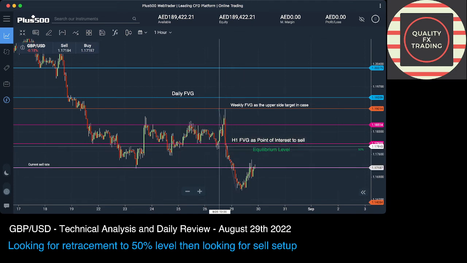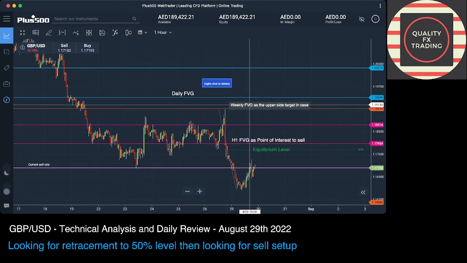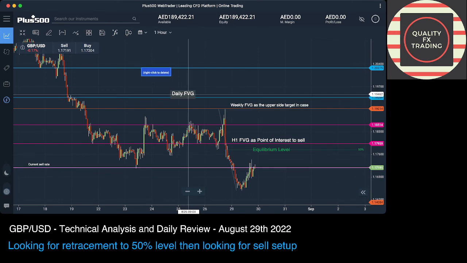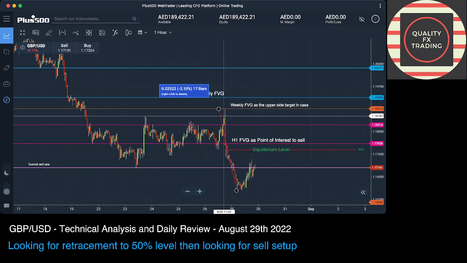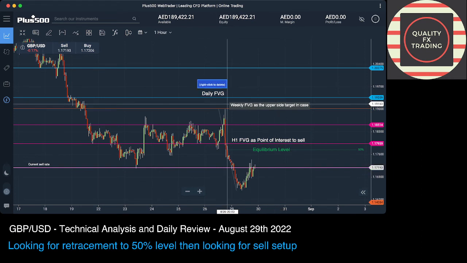If you're not going to get the setup, then price can even go to this weekly fair value gap, this orange line, and even the daily fair value gap, which is above this weekly fair value gap. So there is a low chance that price can go even to these highs before again pushing to the downside.